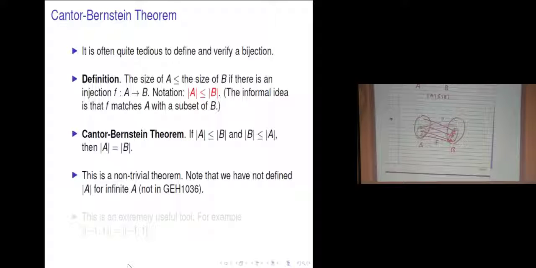So Cantor-Bernstein will say there is a beautiful map which matches A and B in a perfect way. From the picture, it doesn't look like that, right? You only know there's a map from A into B, and a map from B into A. It doesn't mean you have a perfect match. To have a perfect match, you have to play around with F and G a lot. So that's a non-trivial theorem.